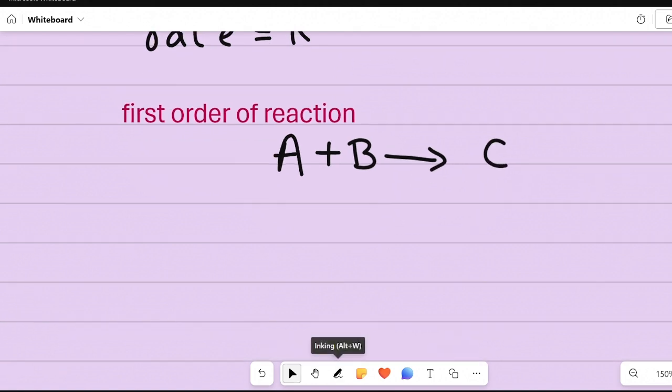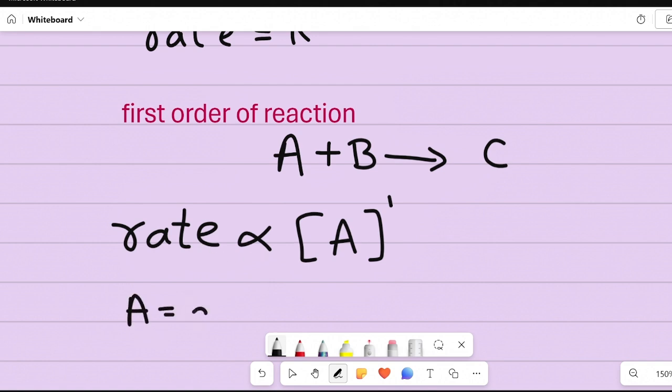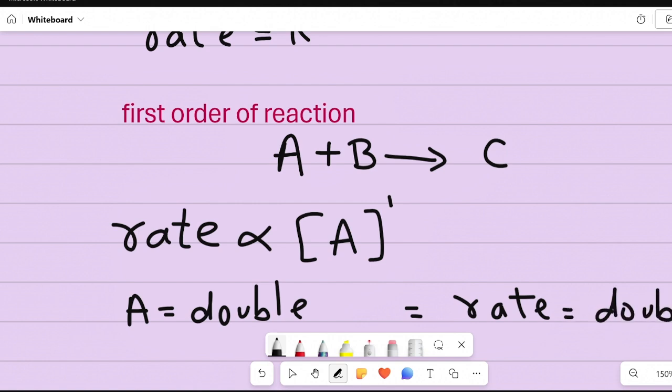We did the experiment in a lab and we found out that if you increase the concentration of reactant A, the rate becomes double. Meaning you are doubling the concentration of A. As a result, the rate doubles.